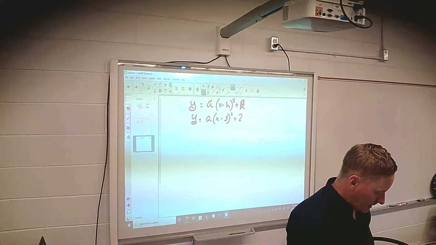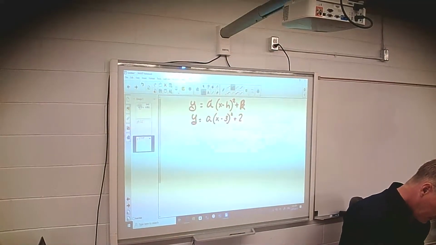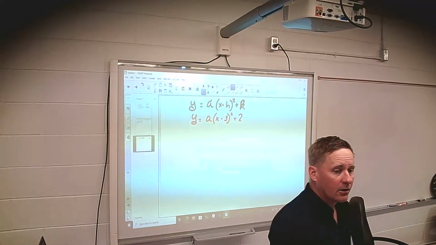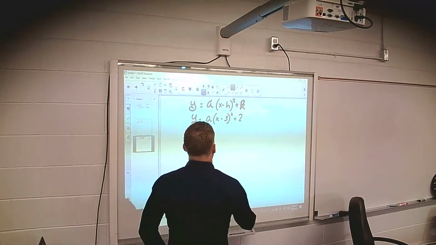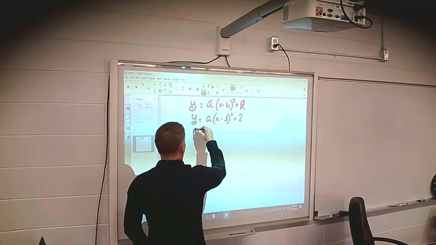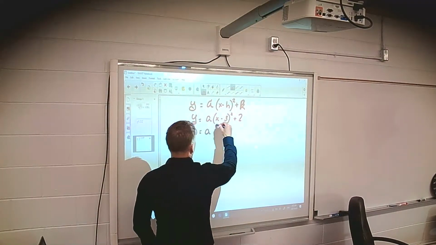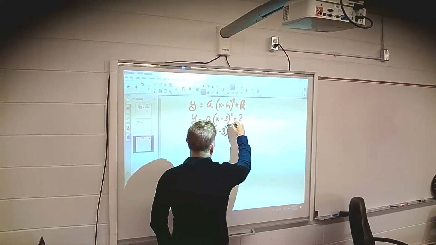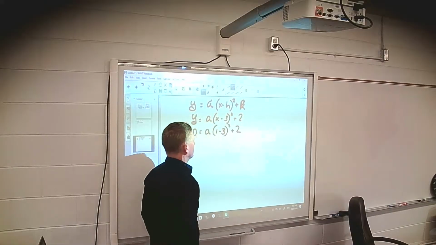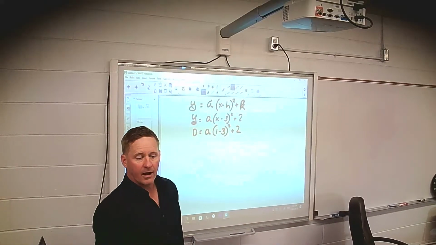Pick a separate coordinate. Looks like they have a dot at 1 and 0, correct? So first thing I'm going to do is solve for my A. So we're going to solve for A.